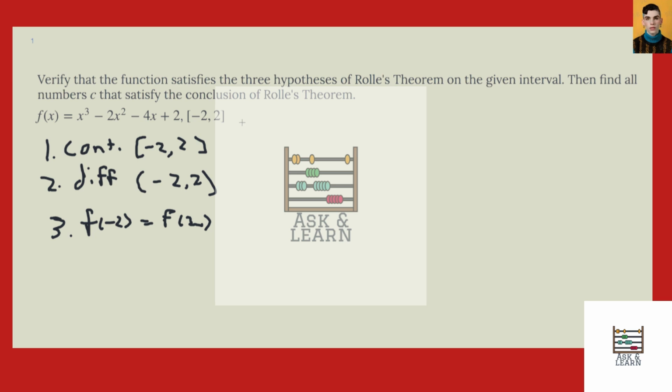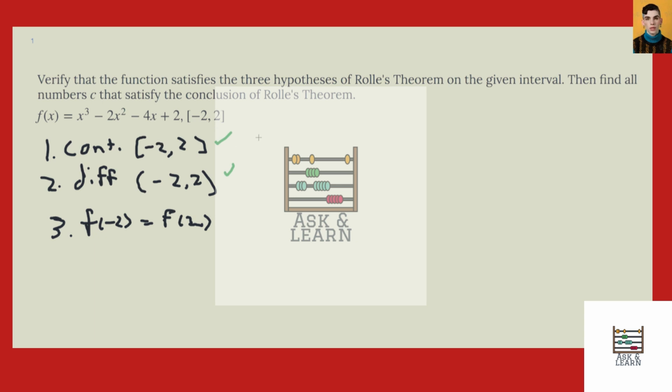a polynomial. So we know that all polynomials are continuous and also differentiable because those are properties of polynomials. So we know automatically that these first two conditions of Rolle's theorem are satisfied. And then the last condition is where the endpoints are equal to each other.